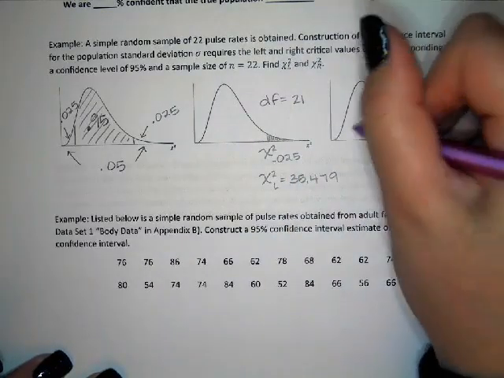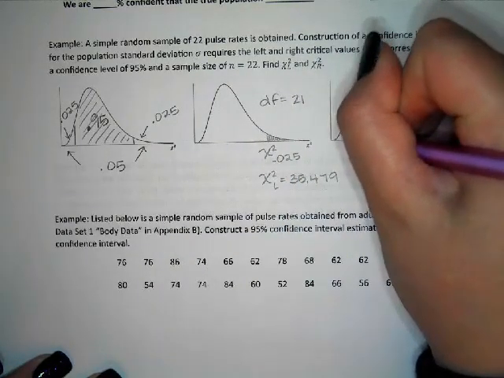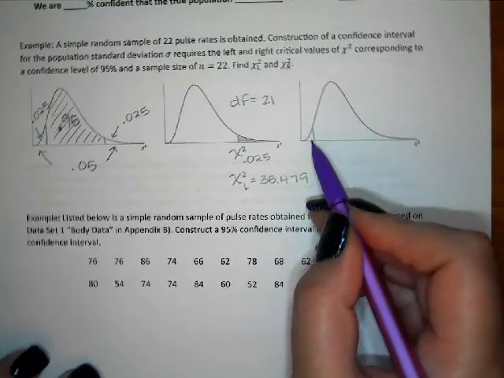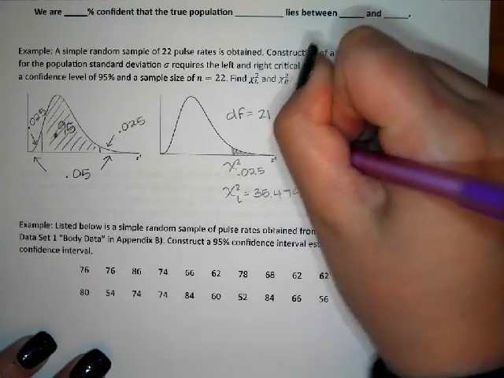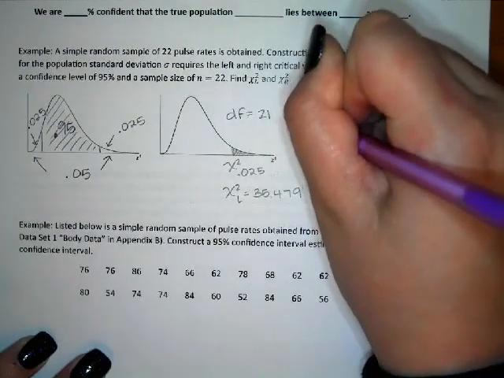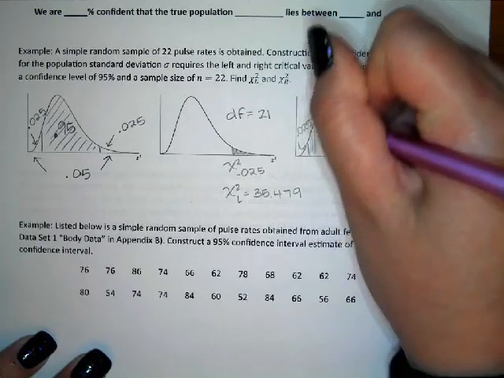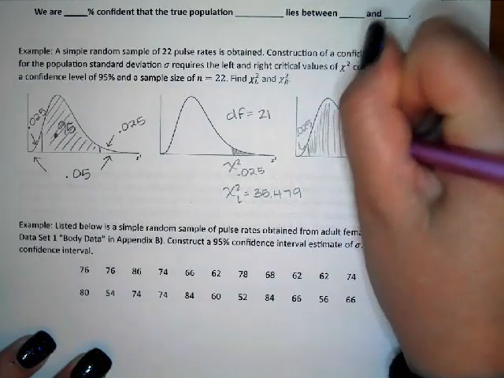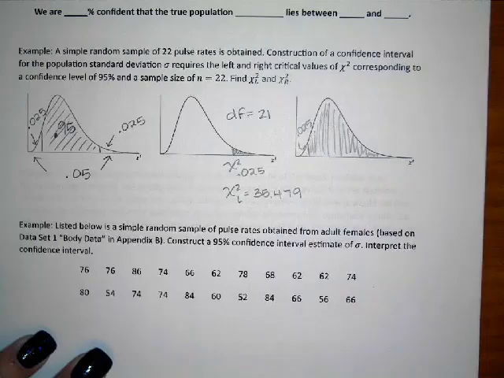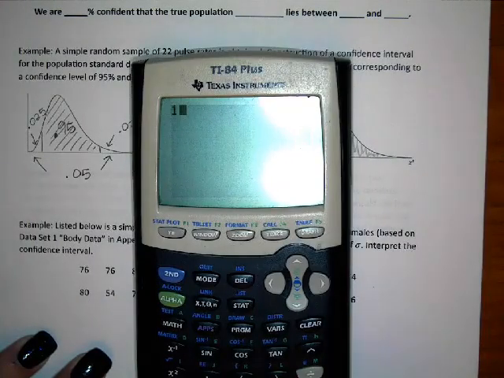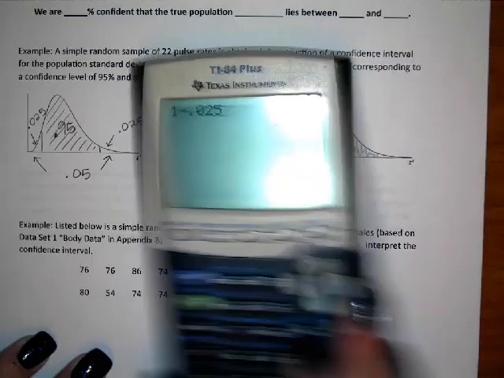Okay, and then for our left tail critical number, we know that this is 0.025, but it's not measured from the left, it's measured from the right. And so from the right, that's going to be 1 minus 0.025 because it's just the complement.